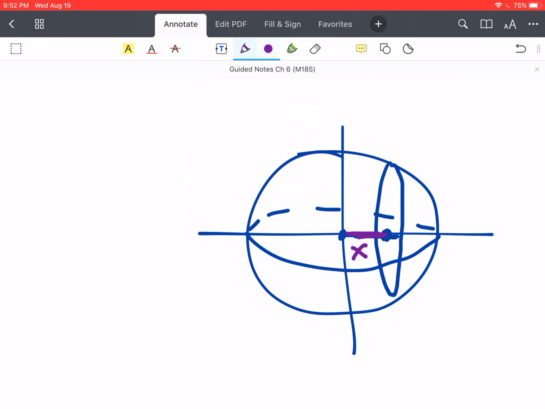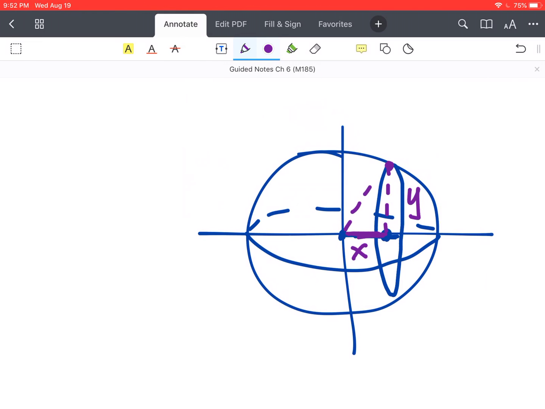That's the x coordinate, x component. The height, the radius of this circle, is going to be y. That's its vertical component within the sphere.